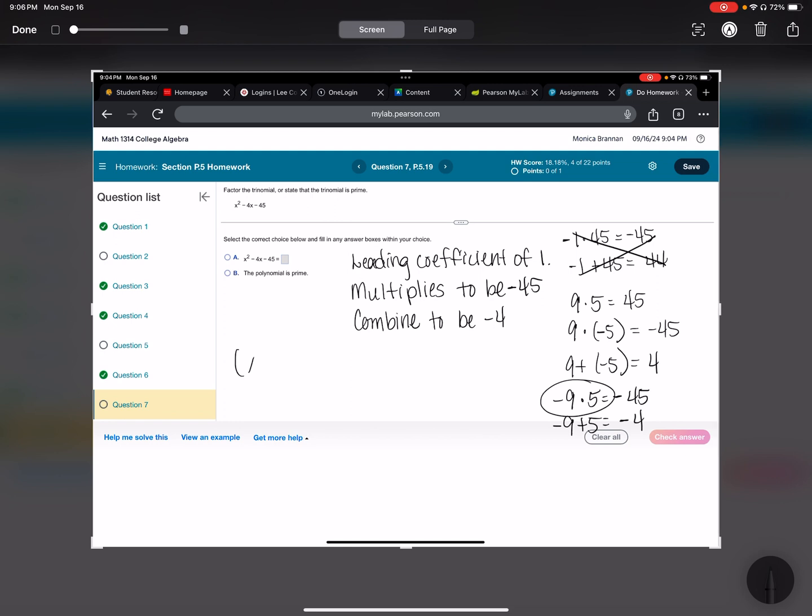So I can go x, and it doesn't matter if you say x minus 9 first or if you say x plus 5 first. It doesn't matter. So we've got x minus 9 times x plus 5.